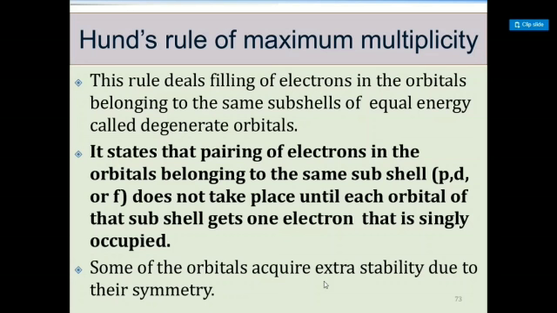Some orbitals acquire extra stability due to their symmetry. That means the p subshell has 3 orbitals, px, py and pz. Electrons with the same spin enter all these 3 orbitals first. Then pairing starts after the 3 orbitals are half filled.